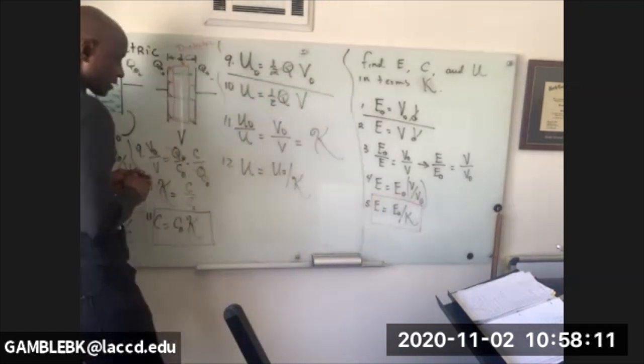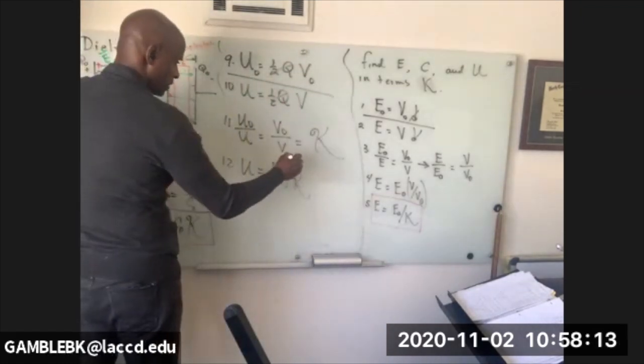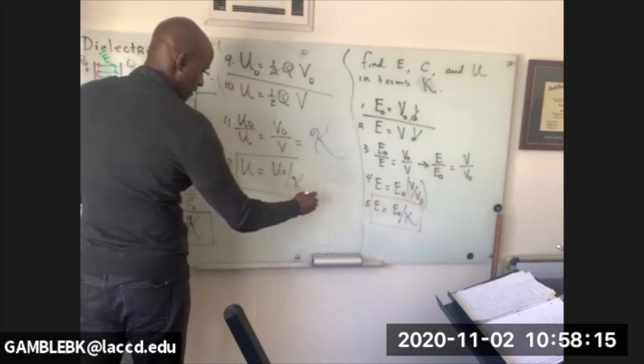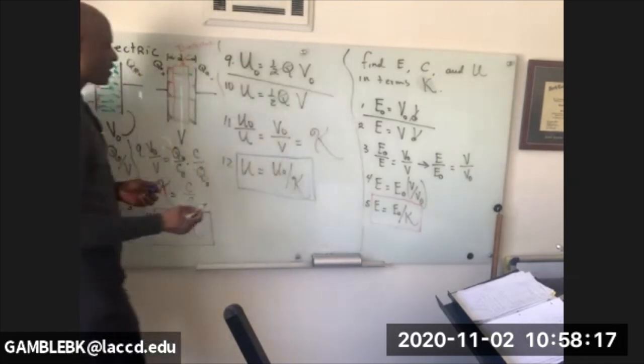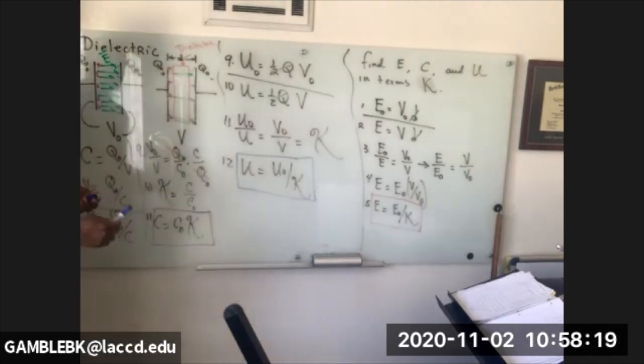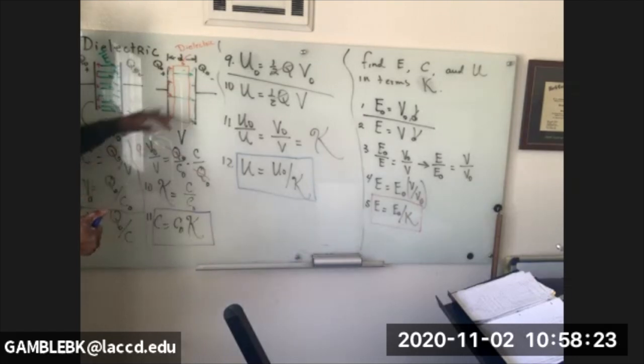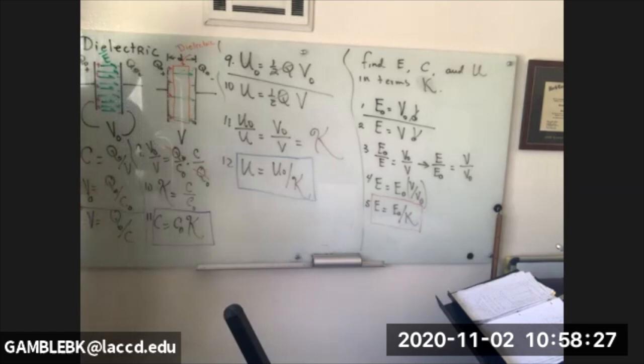So the energy in the capacitor is reduced. And you should expect that, right? Because we're decreasing the field inside here. And just from the point of view of energy density, you could have guessed that, right?